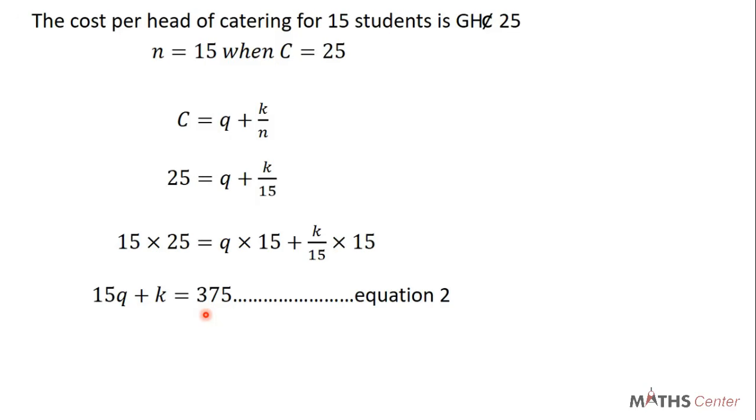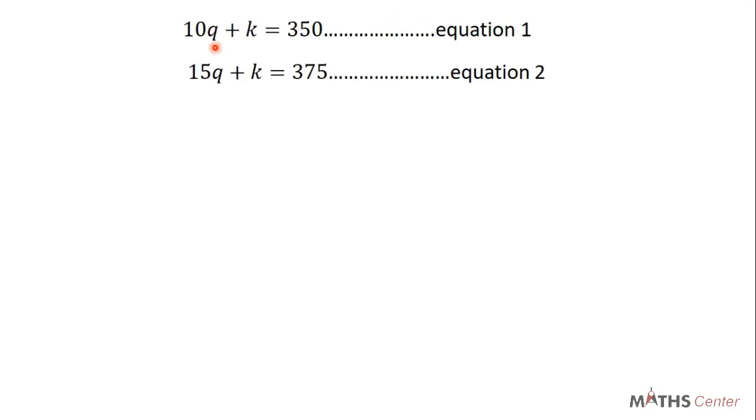This is equation 2. So we have equation 1 as 10Q plus K is equal to 350, and equation 2 as 15Q plus K is equal to 375. We are going to solve these two equations simultaneously for the value of Q and K.